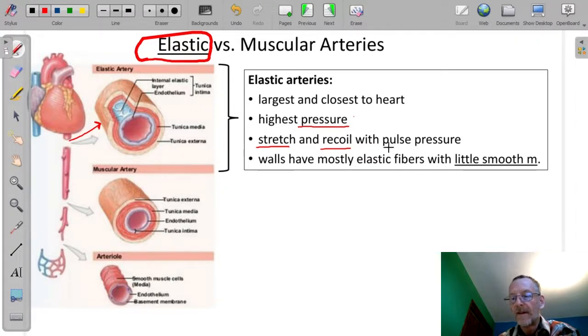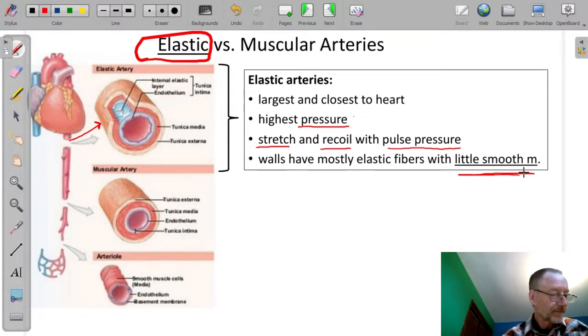You are palpating, or feeling, that thump of pressure when the ventricles contract. There's that surge of pressure, that systolic wave that sweeps through the arteries. The walls have mostly elastic fibers with very little smooth muscle, which allows them to stretch. So those are the elastic arteries.